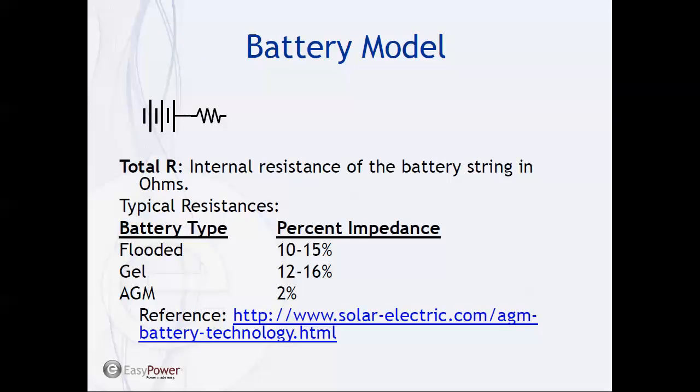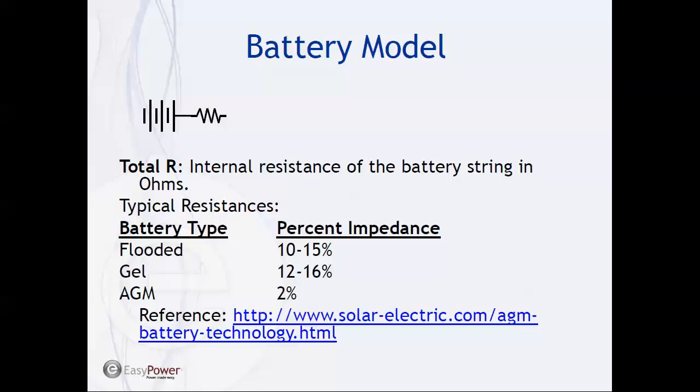The battery model is also fairly similar. We have a constant source behind the internal resistance of the battery. So the best information can be obtained from the battery manufacturer, and so you can enter that R value in the dialog for the battery. If you do not have any resistance information, then you could probably use some estimates.